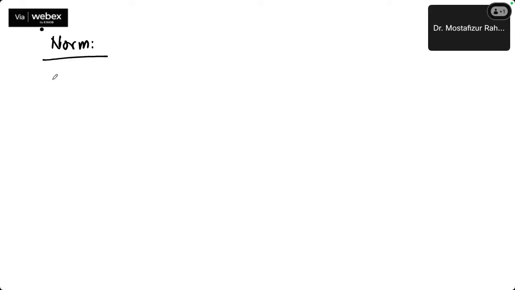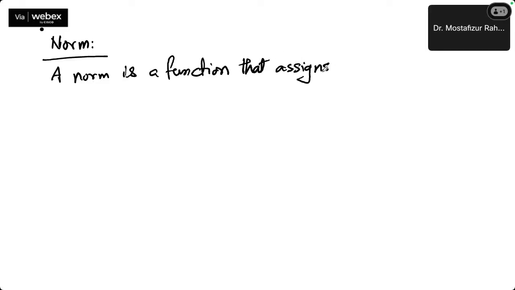Basically, norm is a function that assigns a non-negative length. This is important. Non-negative length to a vector or a matrix.